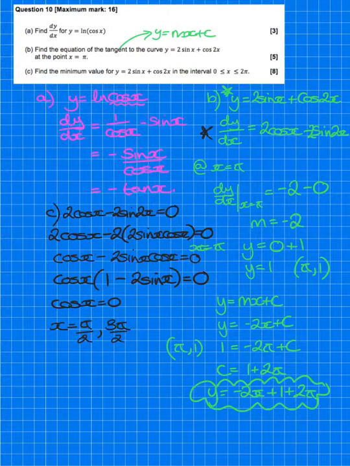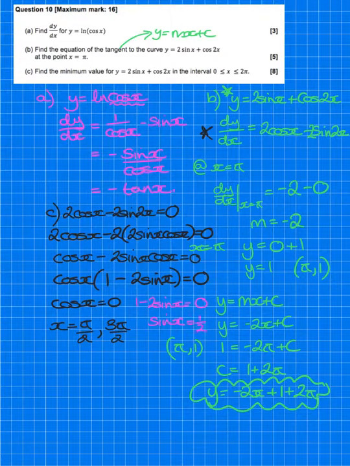Or the other scenario is that 1 minus 2 sin x equals 0, in which case sin x, I'd take the 1 over and divide by the minus 2, so that would equal a half.